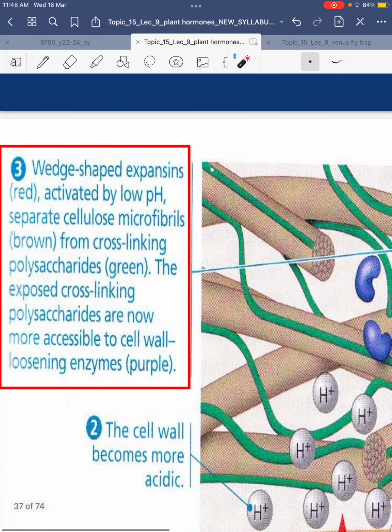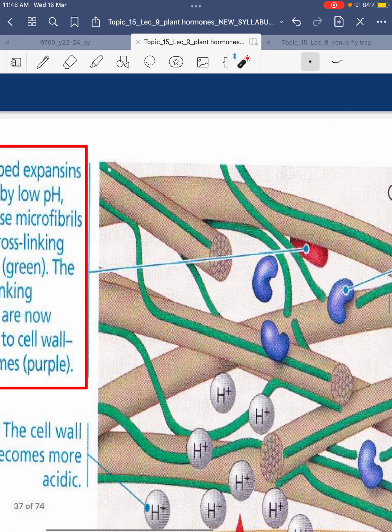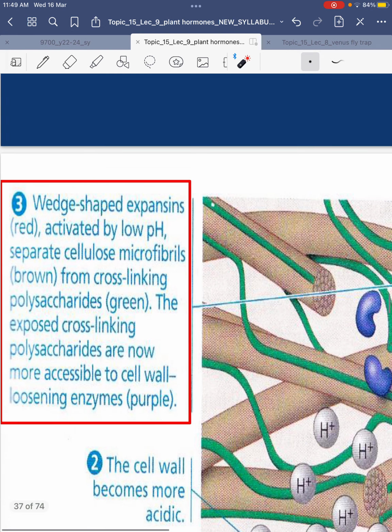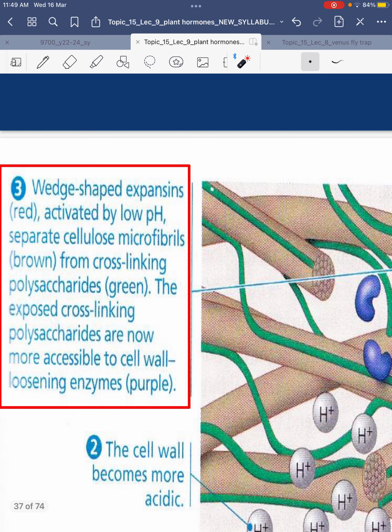Activated by low pH, it separates cellulose microfibrils from the green. Now you can see it's attached here, so it will be separated, so that this area here is exposed.